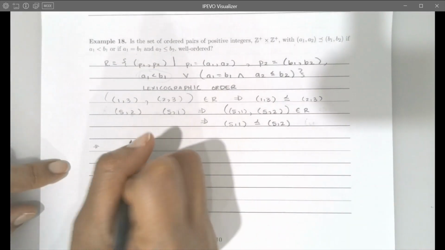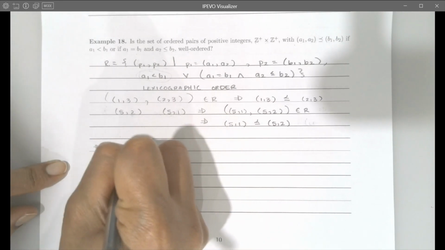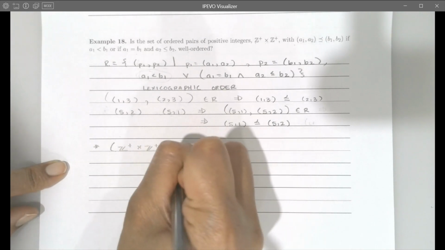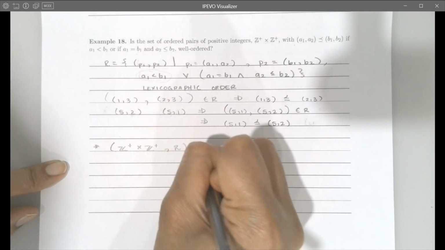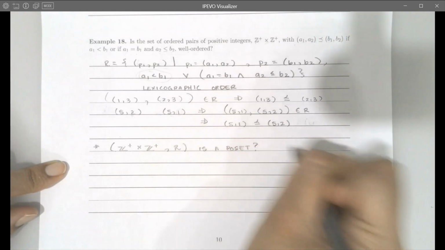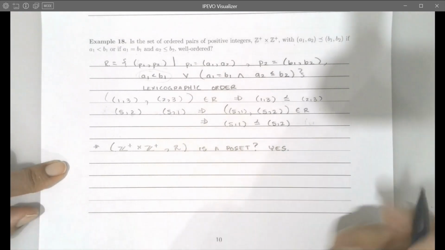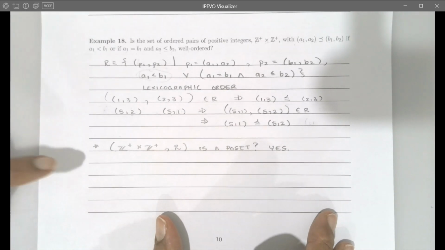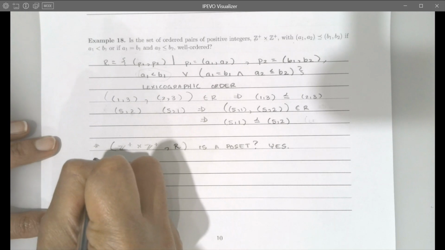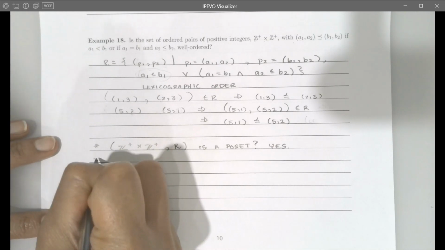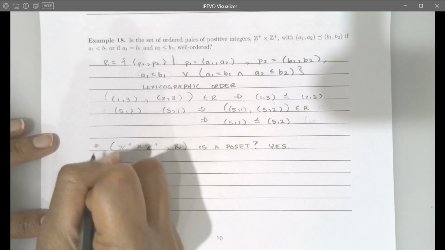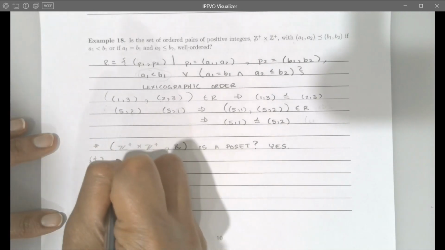The first thing that we would need to check is that Z plus cross Z plus with R is a poset. I'll say yes without showing the full justification for it, but I'll leave that as an exercise for you. Okay. The other thing that we need to check, now that we said okay, yes, it's a poset, we have to check whether it's totally ordered.